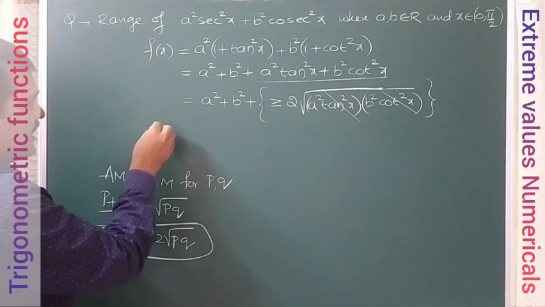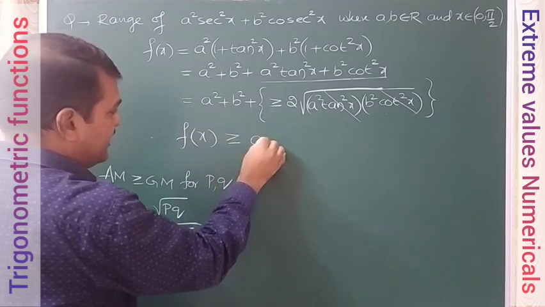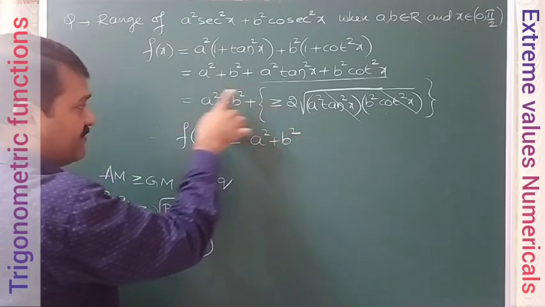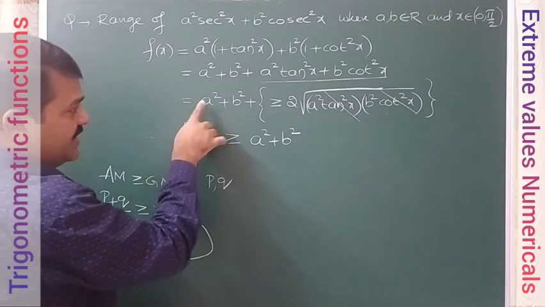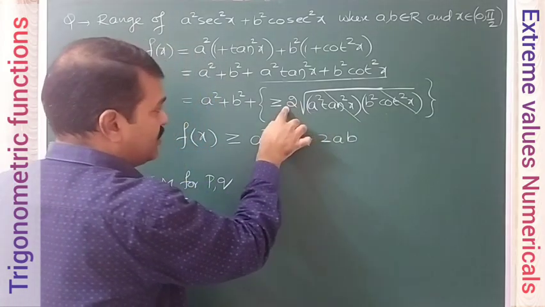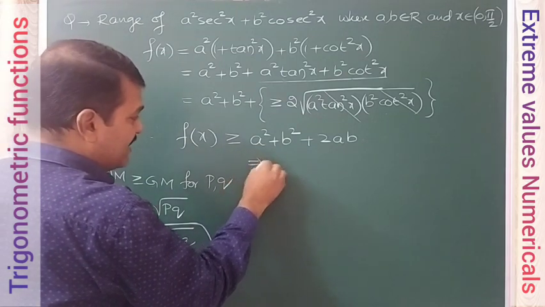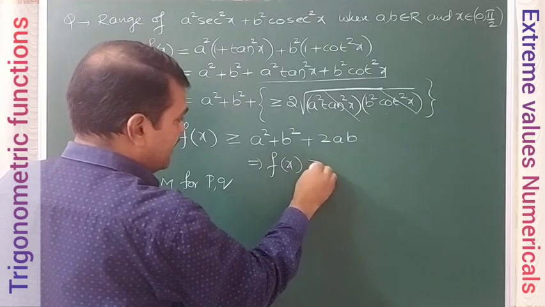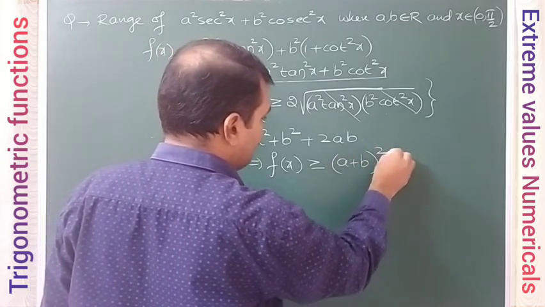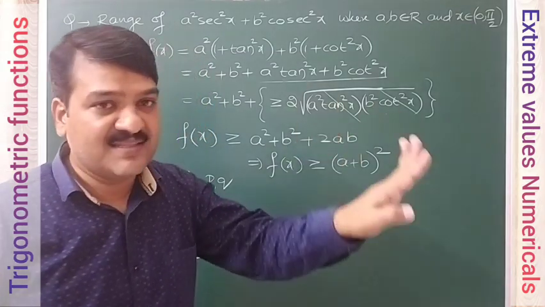Hence I can write f of x is greater than or equal to a square plus b square, greater than or equal to is there here, no? Therefore the complete inequality changes: a square plus b square plus 2ab, 2 into under root a square b square, that means 2ab. So f of x is greater than or equal to a square plus b square plus 2ab, which is nothing but a plus b whole square. So f of x is a plus b whole square or greater than that.